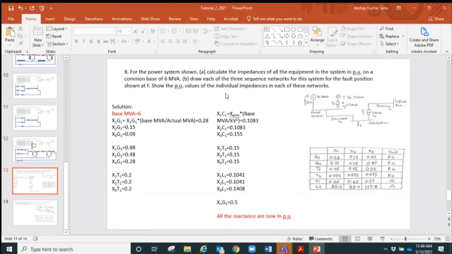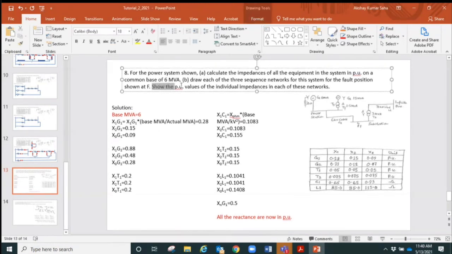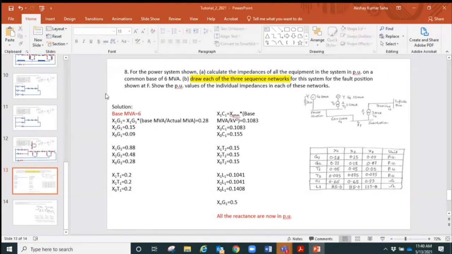Can I say that you can do this part, drawing the sequence network, yourself? Because we did quite a few examples. If you have any doubt, you can share your screen and show it.